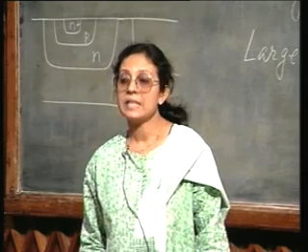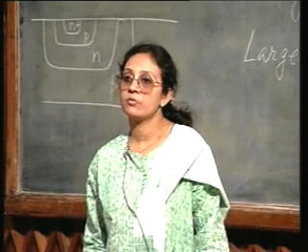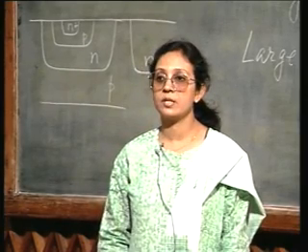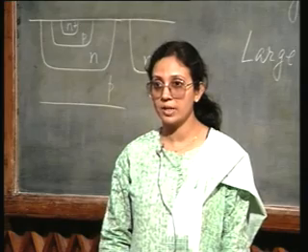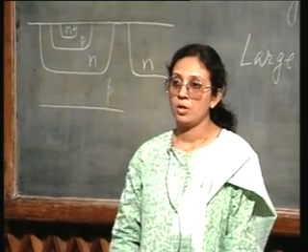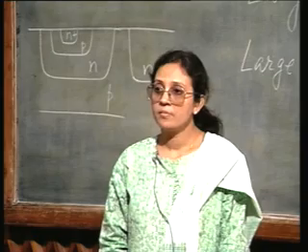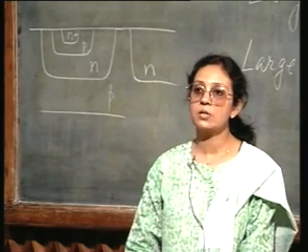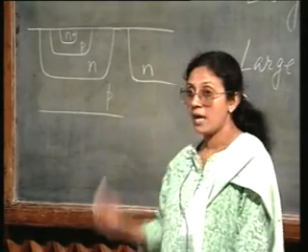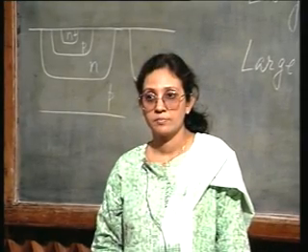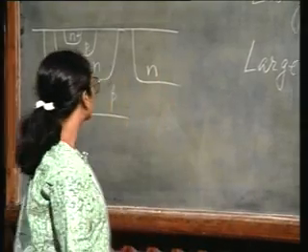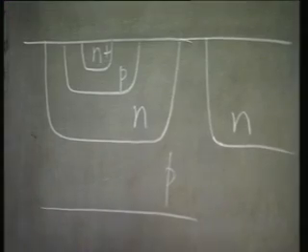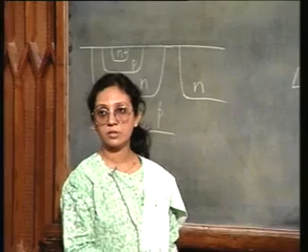Because this p isolation diffusion had to be very deep and therefore resulted in a considerable lateral spread, you could save some area. So, some improvement in packing density was achieved with these 3 diffusions, because you no longer have to have a p isolation diffusion, which will result in considerable lateral spread.